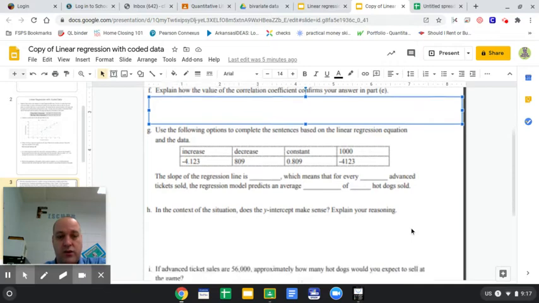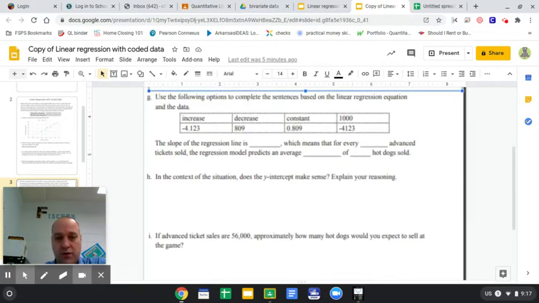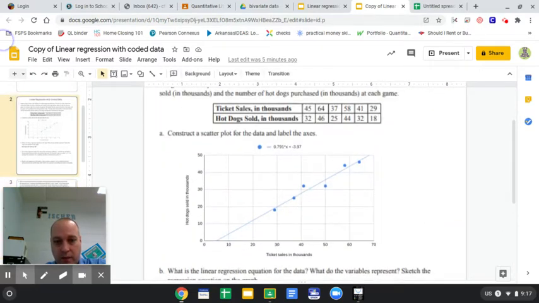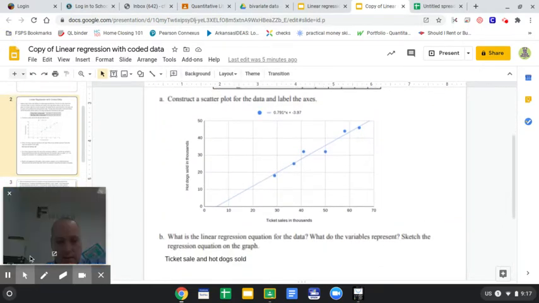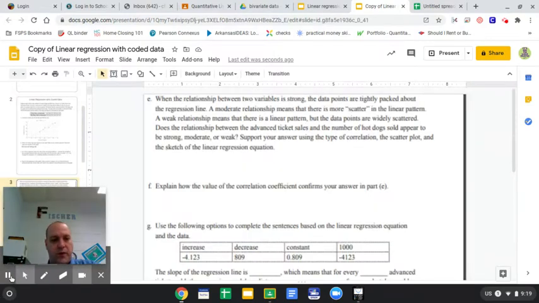All right, use the following options to complete the sentences. All right, so the slope of the regression line is. So if I go back up here, let's see. All right, so when the relationship between the two variables is strong, oh, we already answered that.